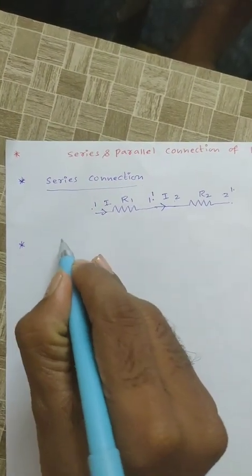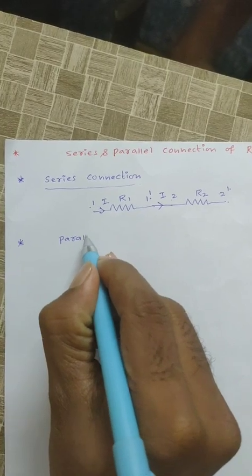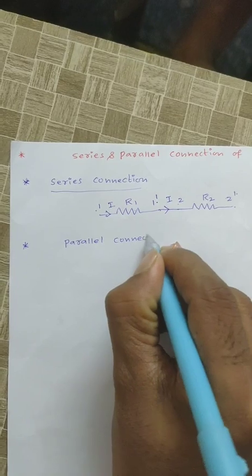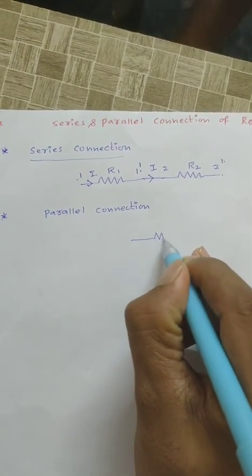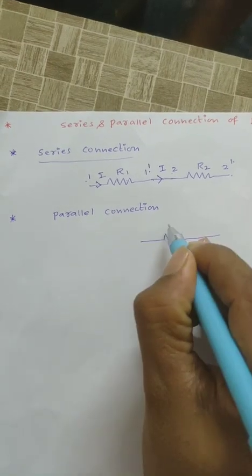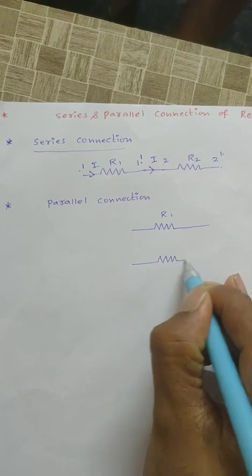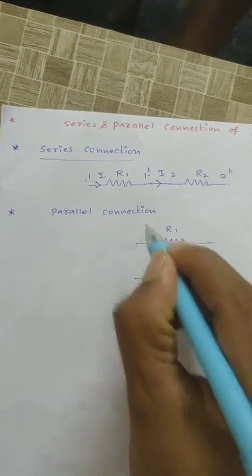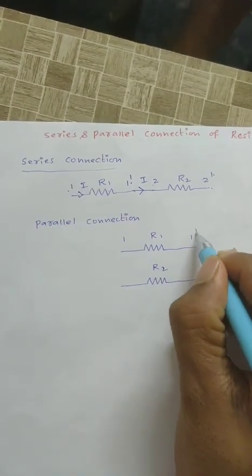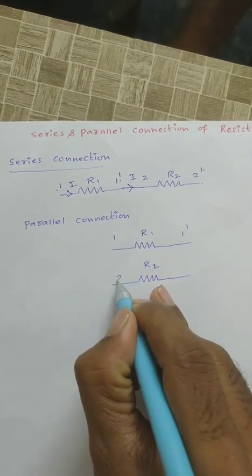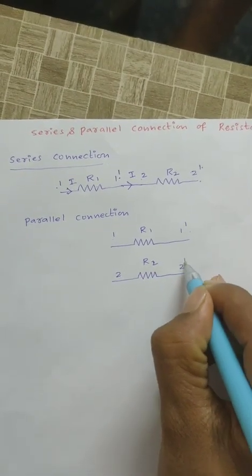Next, coming to parallel connection. Okay, let us consider two resistors R1 and R2, with 1 and 1 dash the starting and finishing ends of the first resistor, and 2 and 2 dash the starting and finishing ends of the second resistor.